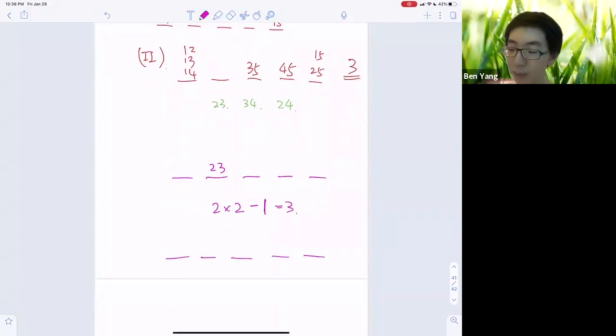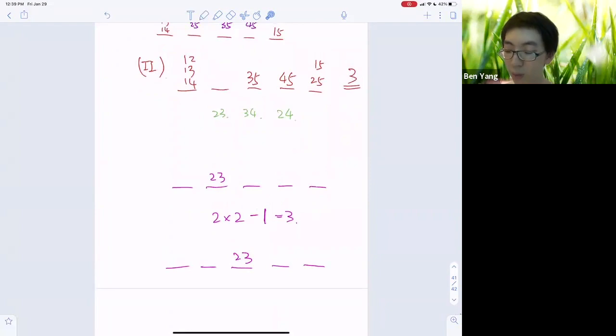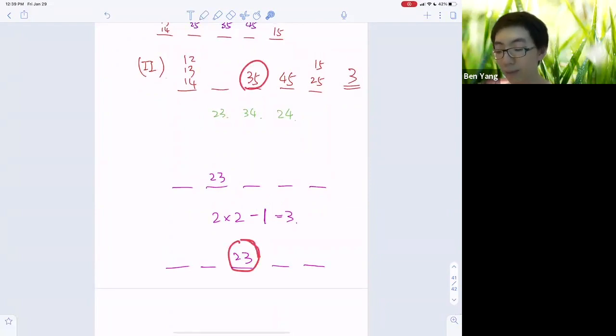Next, if we do not put 2, 3 in the second box, we need to put it in the third box. Remember, we have this 3, 5 in the second box. Now we also put 2, 3 there. So that means for the card 3, 4, we cannot put it in the third box.